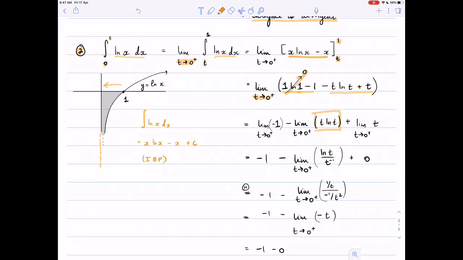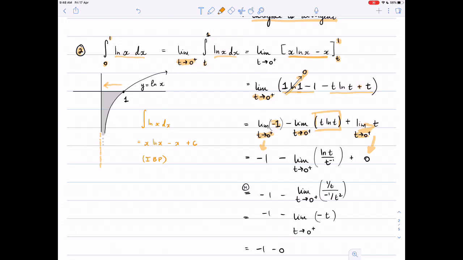So I'm going to split up using limit laws: the limit as t goes to 0 of minus 1, the limit as t goes to 0 from the right of t ln t, and the limit as t goes to 0 of t. Those on the outside, the first and the last, are easy to evaluate.